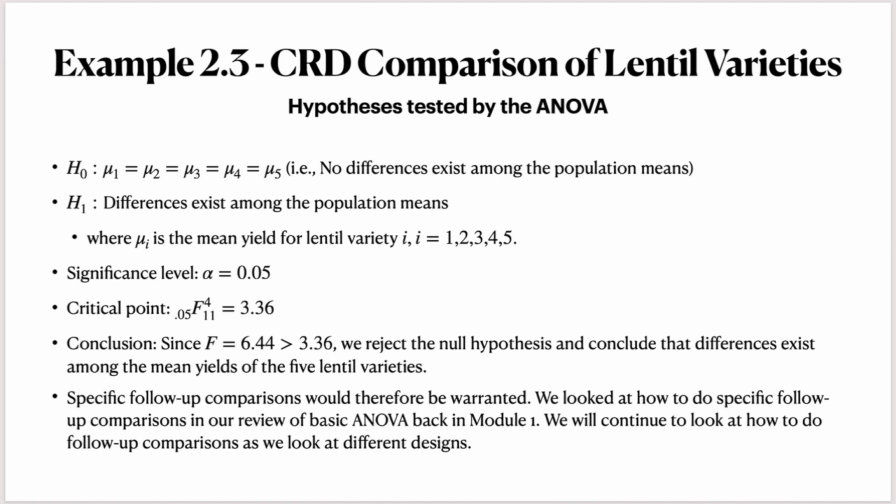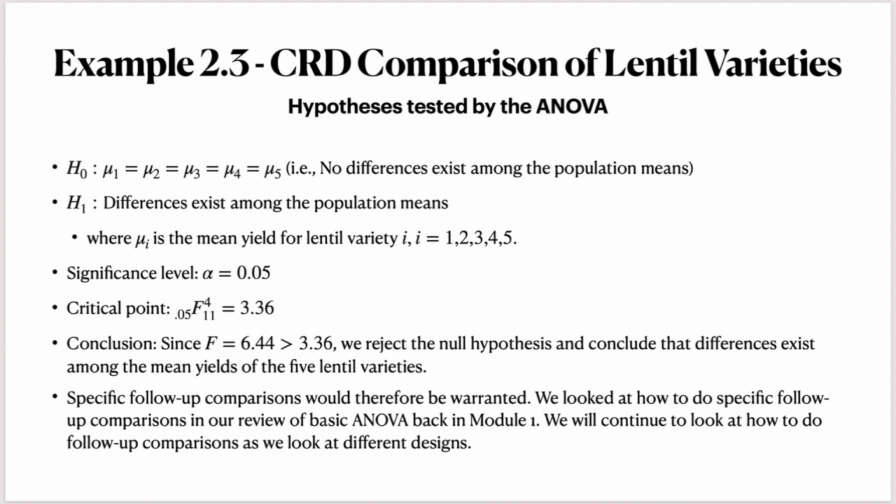Now again, this would be just the starting point of the analyses. We would want to follow up to find out where the differences are. We're not going to do that right now. We will do it as we continue on, and especially as we look at different designs. So that is how we perform the calculations to do an ANOVA in the context of a completely randomized design.